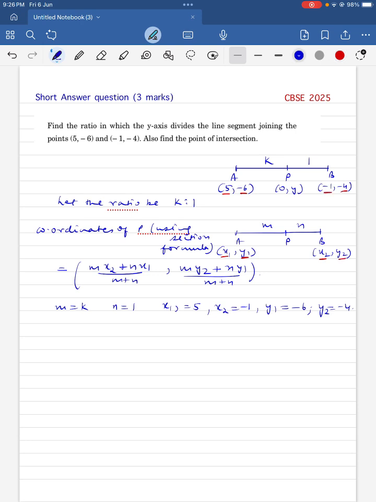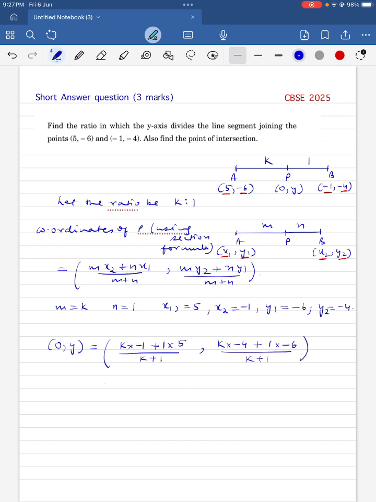Okay, so let's substitute these values. We already know that the coordinates of P is (0, y). So (0, y) is equal to (k times x2, which is -1, plus 1 times x1, which is 5) divided by (k + 1), comma, (k times y2, which is -4, plus 1 times -6) divided by (k + 1).